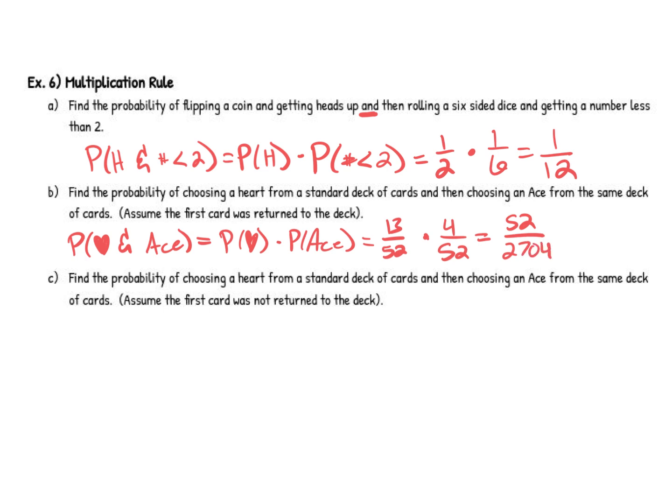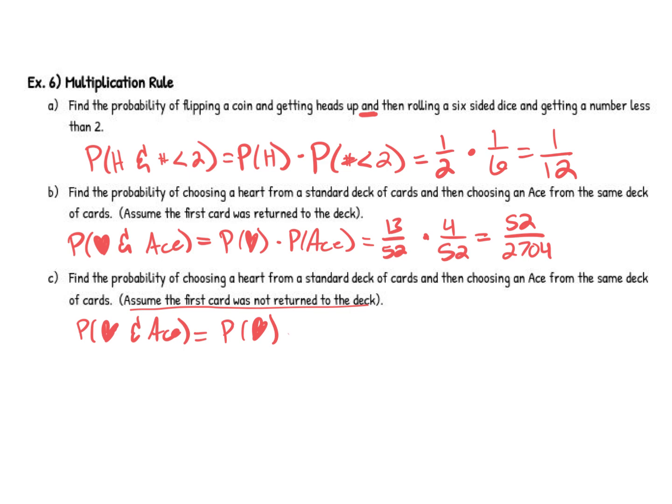C, find the probability of choosing a heart from a standard deck of cards and then choosing an ace from the same deck of cards. Assume the first card was not returned. So here we have the probability of heart, an ace still. So your probability of heart, and probability of ace.